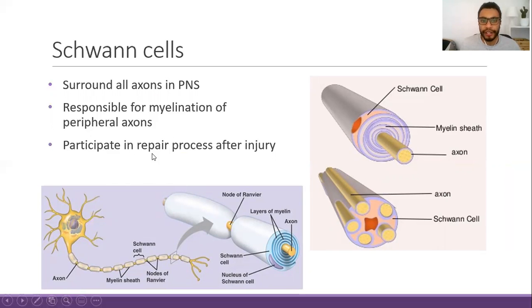This function of participating in the repair process after injury is very specific to the peripheral nervous system, okay? So you have already heard about neuron regeneration.